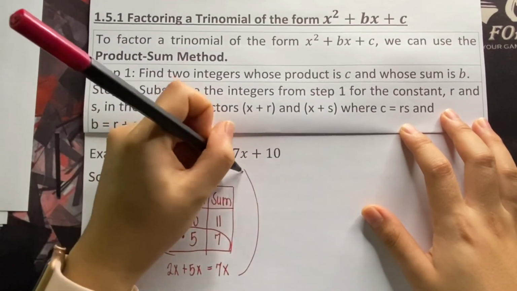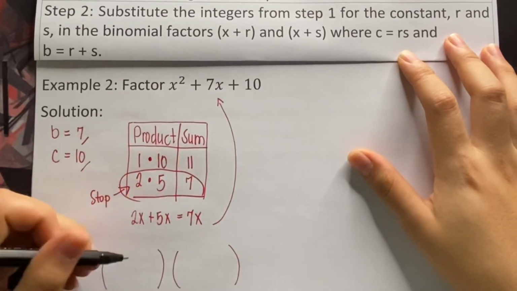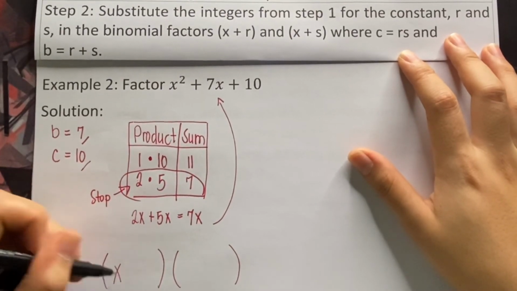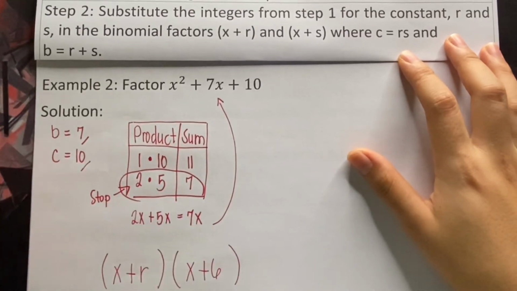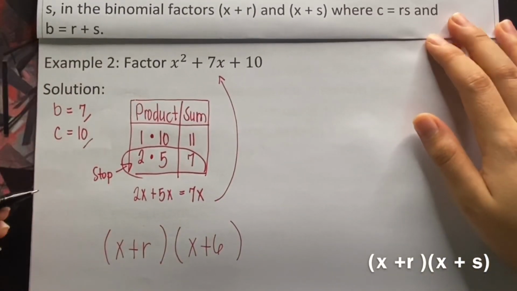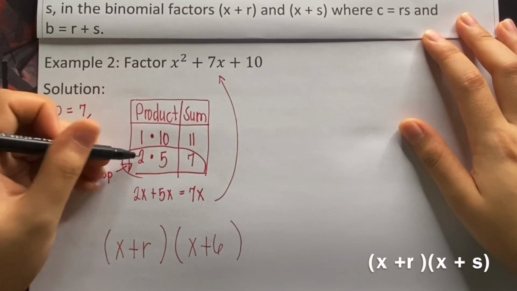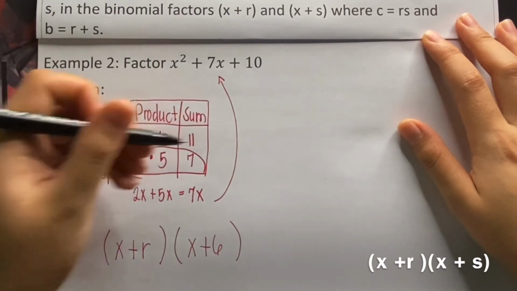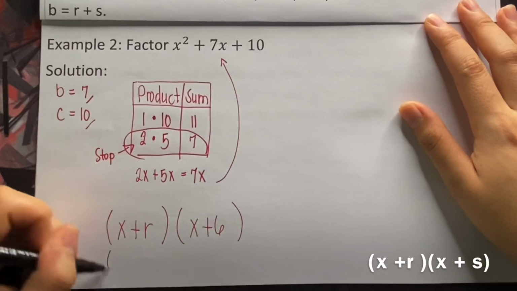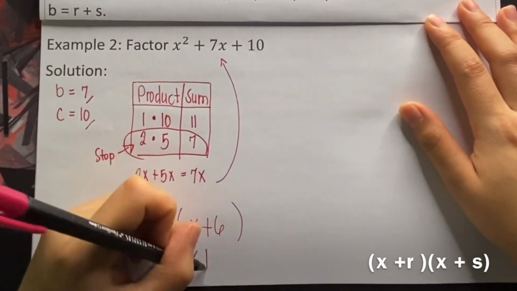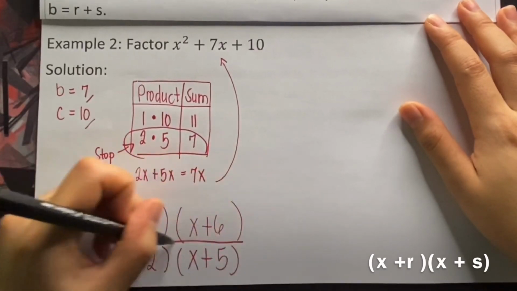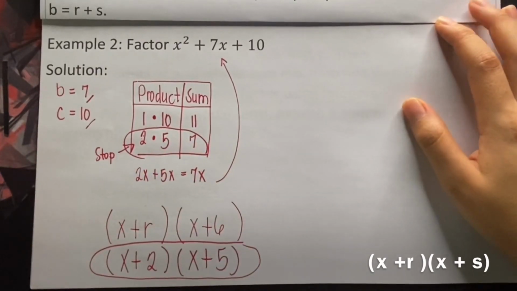Yan, nag-satisfy. 2 binomial factors, x plus r or x plus s. What is the answer? Si r ay 2, si s ay 5. Therefore, ang answer ay x plus 2 times x plus 5. Yan ang factor nito.